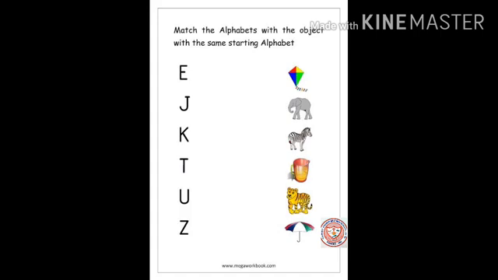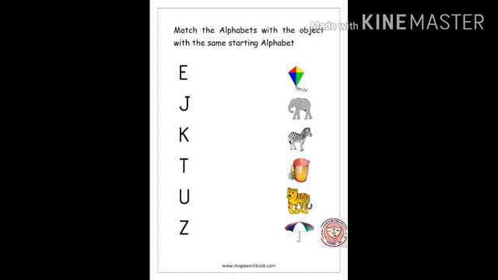Wow. This one you all know: match the alphabets with the object with the same starting alphabet. So here the alphabets are E, J, K, T, U, Z. And on this side there is a picture of a kite, elephant, zebra, tiger, jug and umbrella.